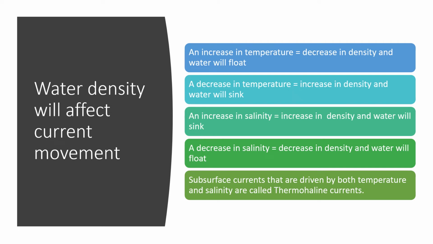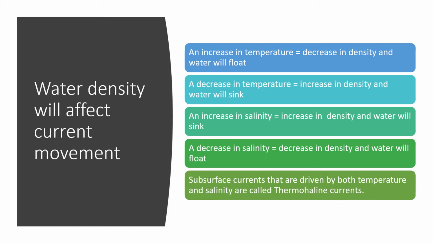So remember that I said density will create water currents. Well, density can happen in a couple of different ways. It can happen due to the increase in substances in the water like salts or sediments, but density can also happen with an increase or decrease in temperature.